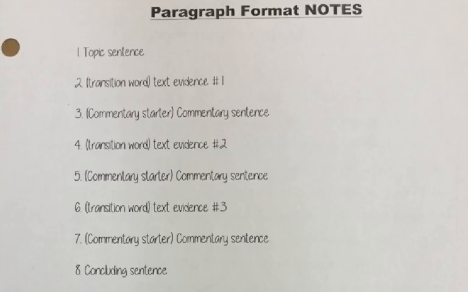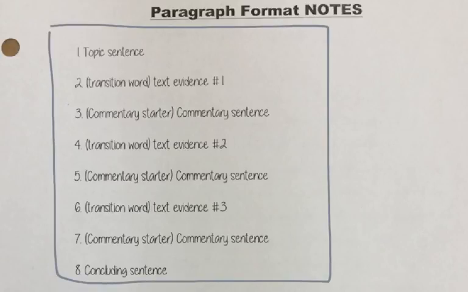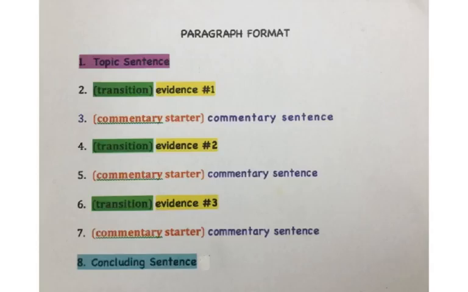And then what I'd like to focus on first is this top section right under the words paragraph format notes that give you your very own copy of the format that we just discussed just a second ago. So I would like you to notice that this is the exact same format that I just showed you.